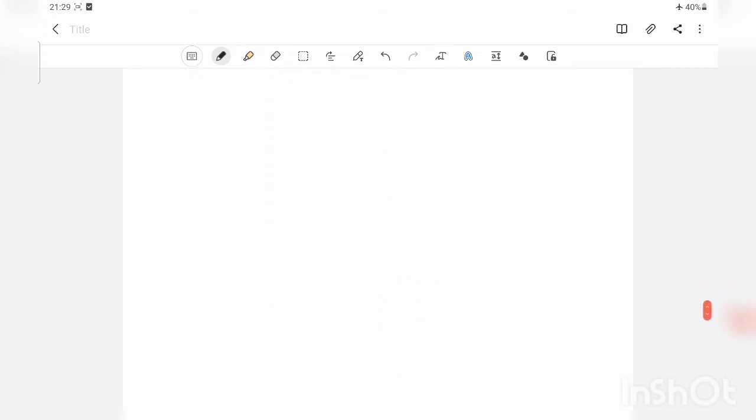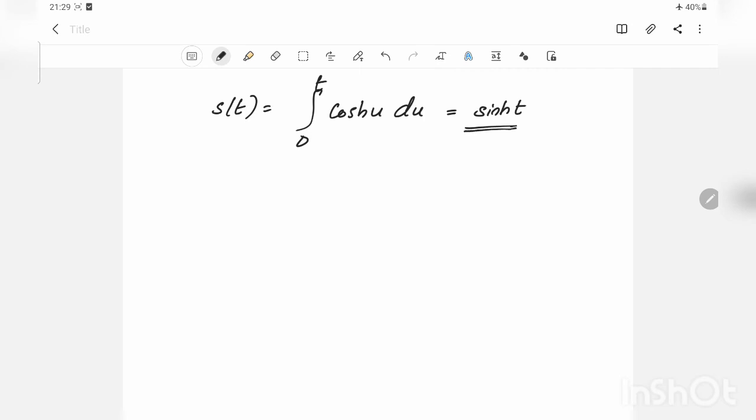Therefore the arc length is s of t equal to the integral from 0 to t of cosh u du, which is sinh t, since sinh 0 equals 0. Therefore the arc length is sinh t.